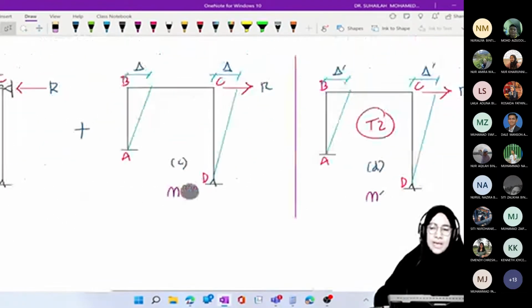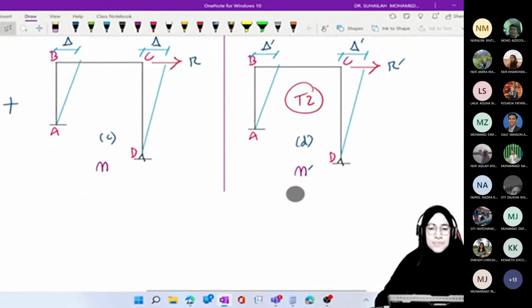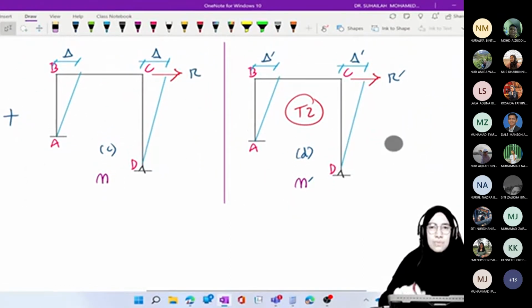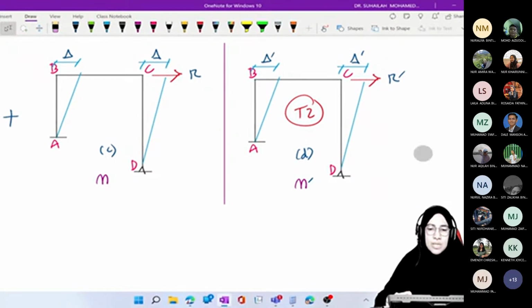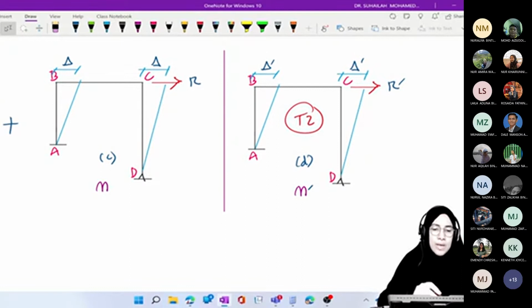So what next is we have to compare these two and use interpolation.